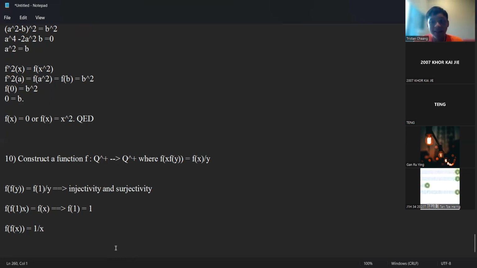Here's the thing. Why did it say Q plus to Q plus? Why didn't it say R plus to R plus? There must be something going on that only applies to Q plus to Q plus. So I claim you can try to operate on primes. And let's see if that works.